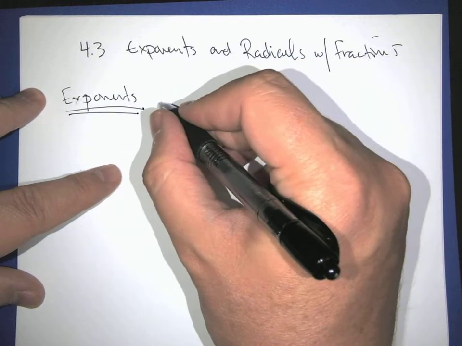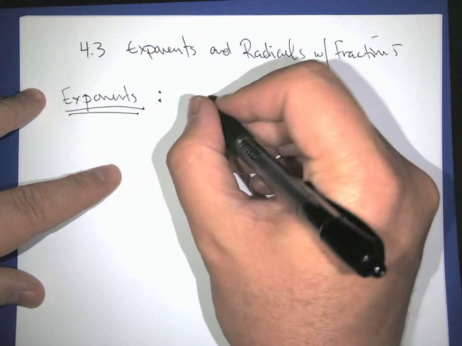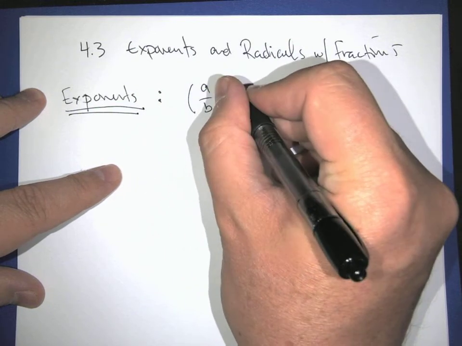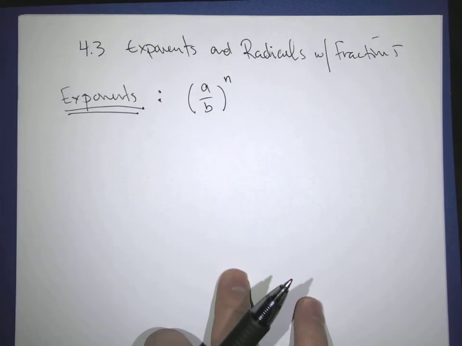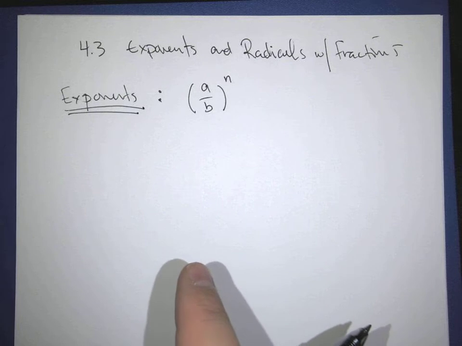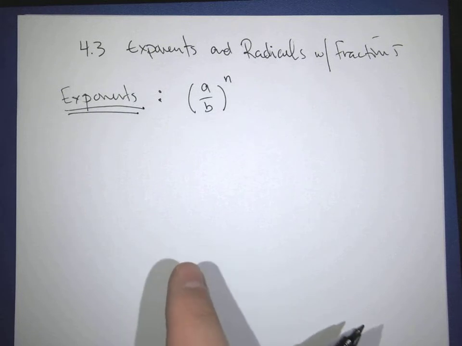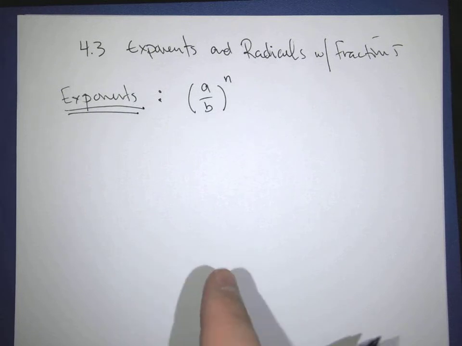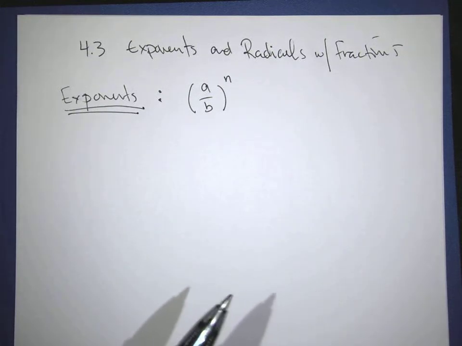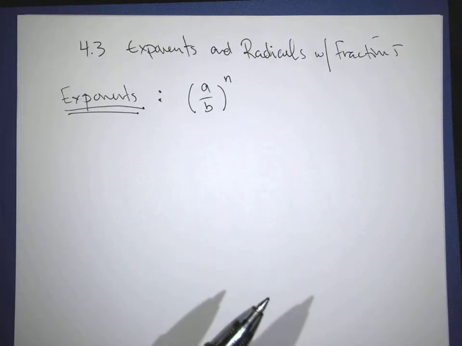our form is going to be any fraction raised to an exponent. An exponent in general means that you're doing repeated multiplication. So 3 cubed, 3 raised to the 3, is 3 times 3 times 3. 5 squared is 5 times 5.